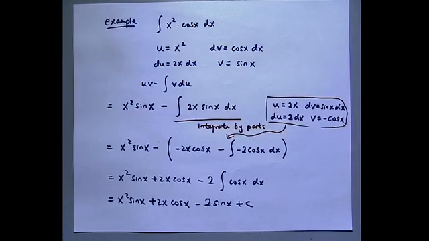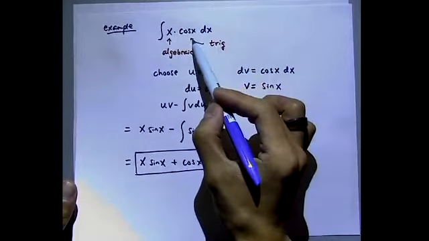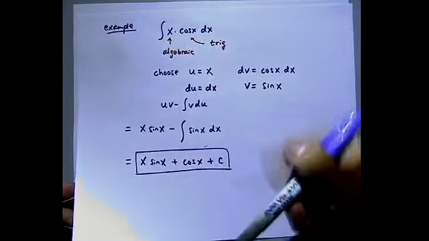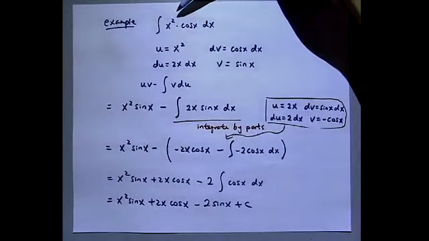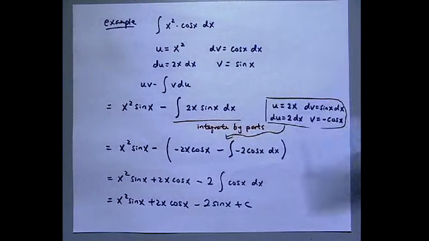Nope? Okay. Say that again, please. Right. Yeah. So let's compare that to the first problem we did. When I had x to the first power times cosine, I integrate once, right? I do one round of that. When I bump the power to 2, I had to do 2 rounds.